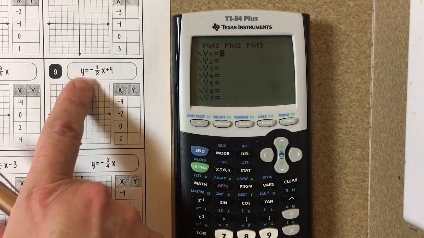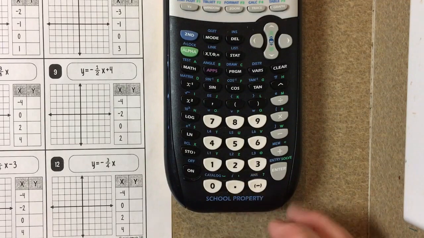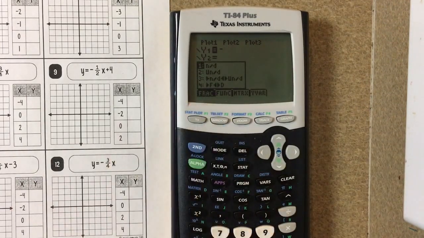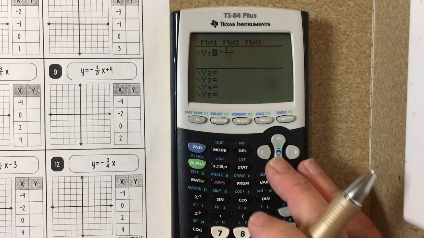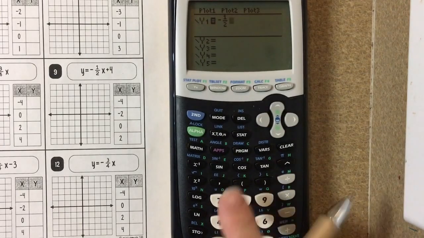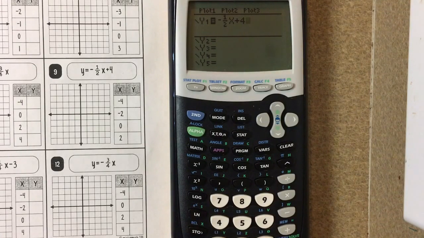And I need to put in the negative sign because it's right by the equal sign. So that's at the bottom under the 3. I'm going to use alpha y equal to input that fraction 1/2. Hit enter. 1, arrow down to 2, arrow over, put in your x, and then plus 4. So we have our equation in.